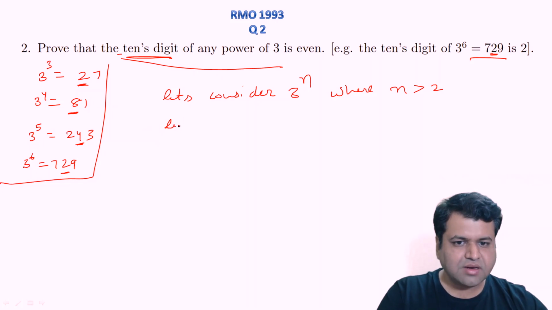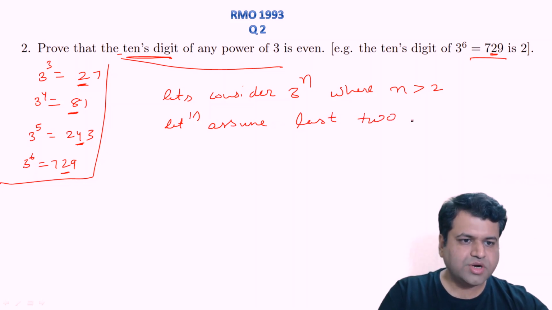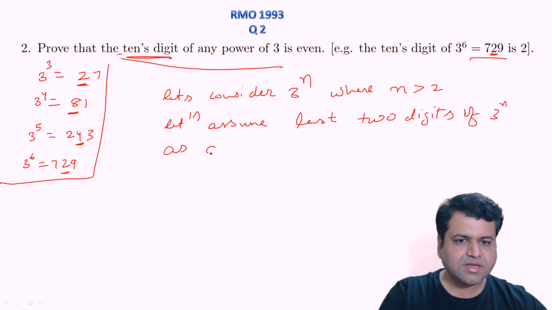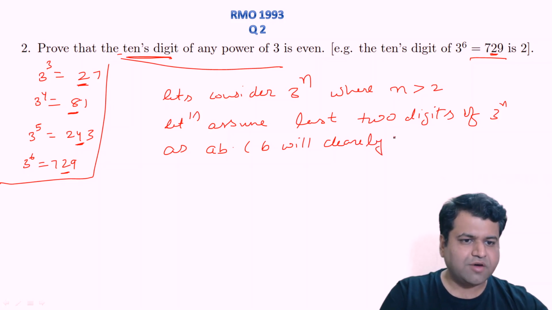Let's assume the last 2 digits of 3 power n as AB, right? B will clearly be odd, because it's a power of 3 only.